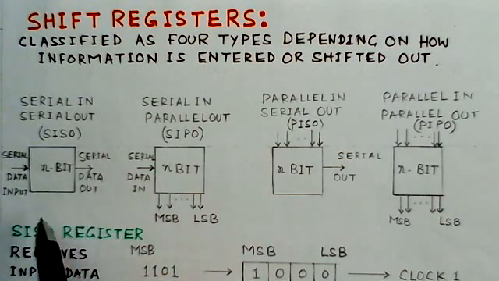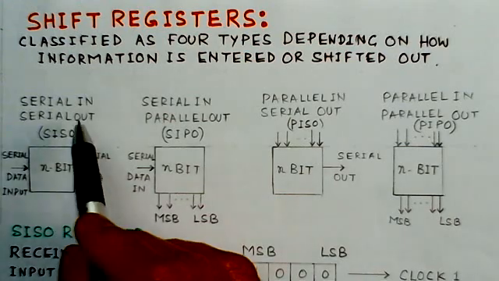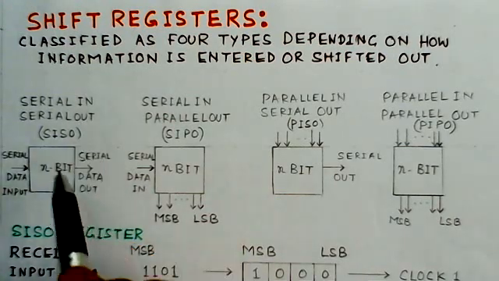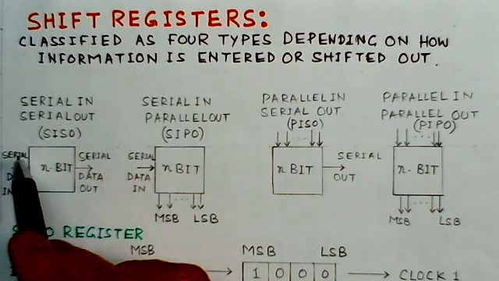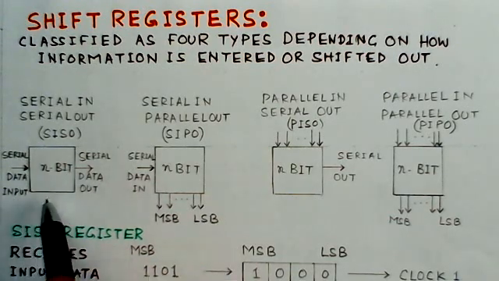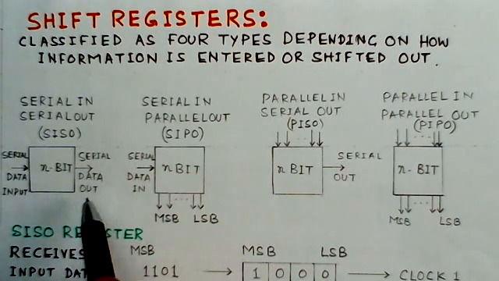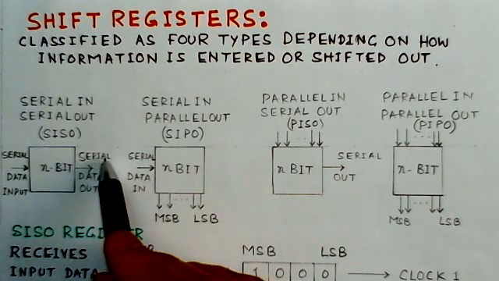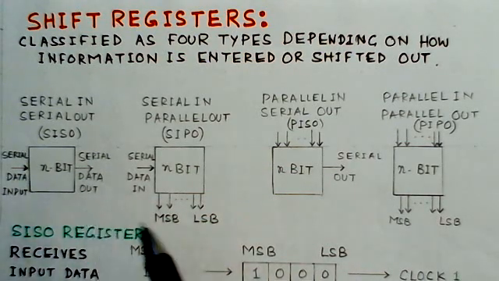The first block indicates serial in, serial out, SISO, and this is an n-bit register, and data is entered serially into the register. And it's taken out also serially from this register.